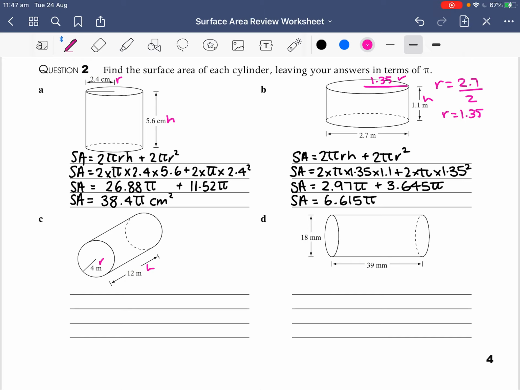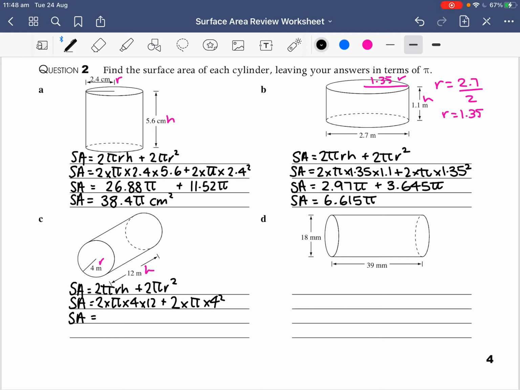For part C, same thing. We have our radius to be 4, our height to be 12. That was a horrible H. But we have our surface area formula of 2 pi rh plus 2 pi r squared. So surface area equals 2 times pi times 4 times 12 plus 2 times pi times 4 squared.